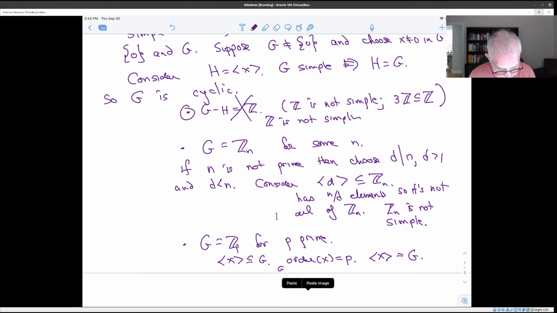And so G is simple. So by this process of elimination, we've shown that if you're abelian and simple, you have to be cyclic. And if you're cyclic and simple, you have to be finite. And if you're finite and cyclic and simple, you have to be Z_P where P is a prime. And in that case, you are actually a simple group.